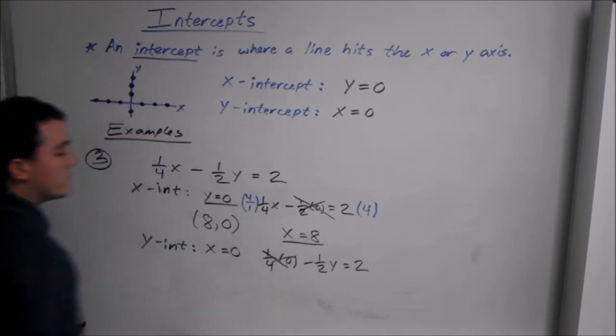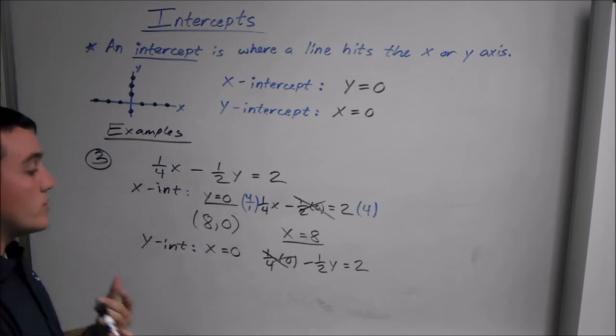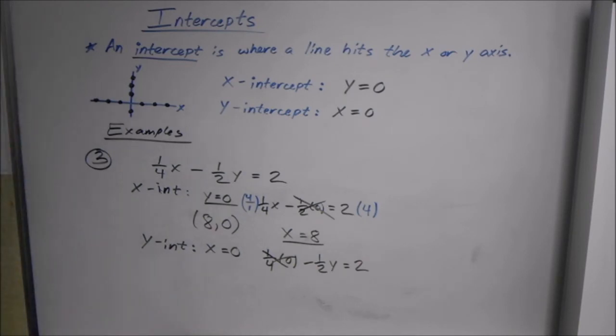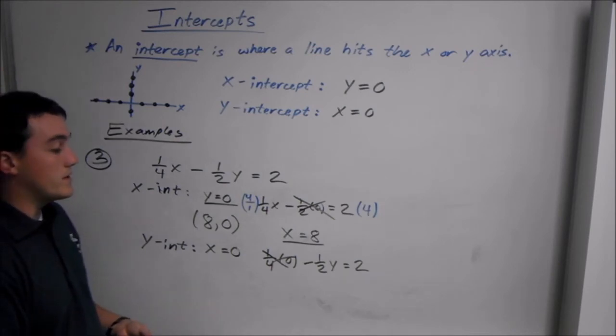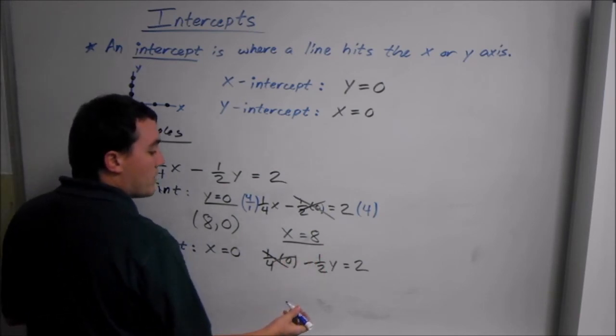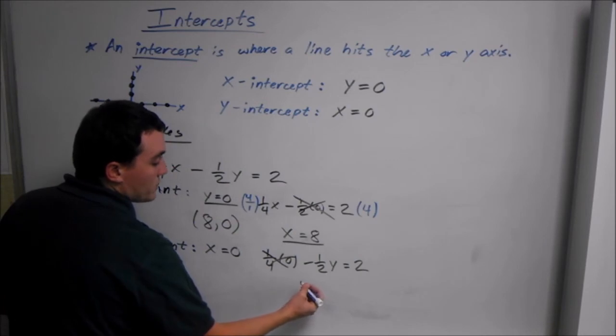So that goes away. We need to get rid of the negative 1/2, so we would divide by negative 1/2, but if we divide by a fraction, really we're just multiplying by the reciprocal. The reciprocal of 1/2 is just 2. So to get rid of the negative 1/2, we could just multiply both sides by negative 2.